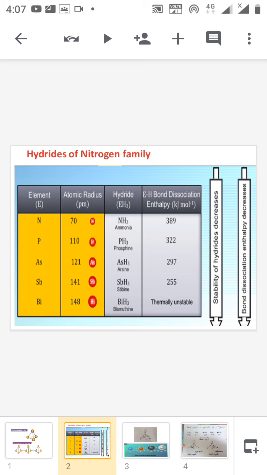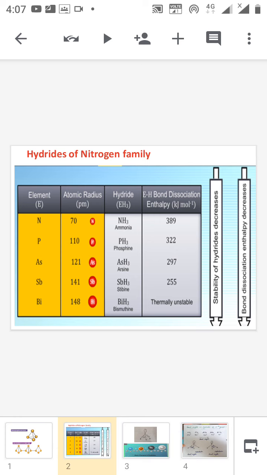I will explain once again. The stability of the hydrides of the nitrogen family decreases. Also, the bond dissociation enthalpies decrease when we move down the group. So the reducing capacity of the element increases as we go down the group. This is mainly due to the NH bond. The NH bond is formed by the overlapping of the p orbital and the 1s orbital of the hydrogen atom.